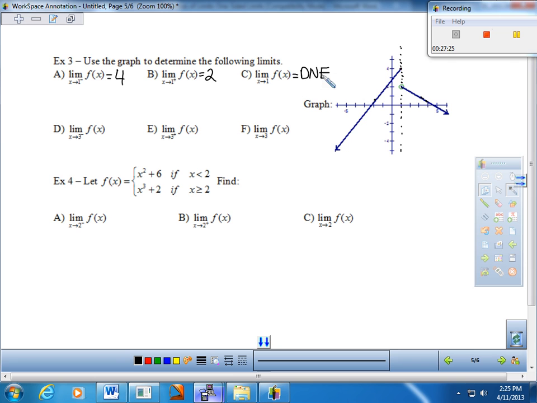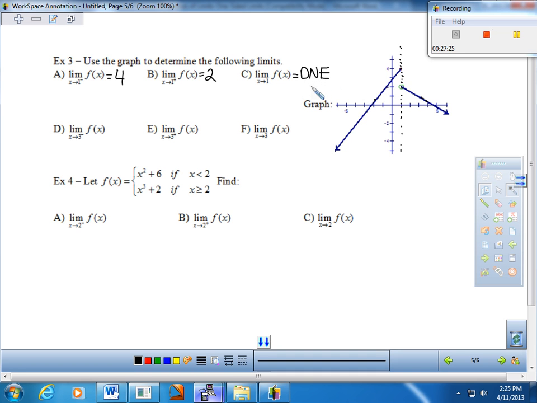The limit in this case does not exist, because our function values are not approaching a particular number as x goes to 1. They're approaching two different numbers from each side. DNE just means does not exist. And you can see that here. Moral of the story with this one: if these are different, there is no limit at x going to 1.